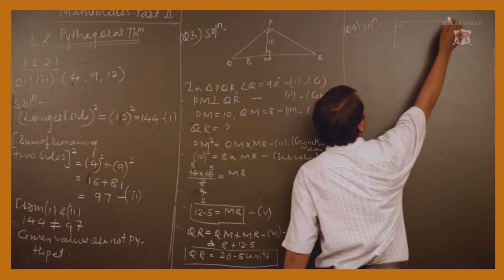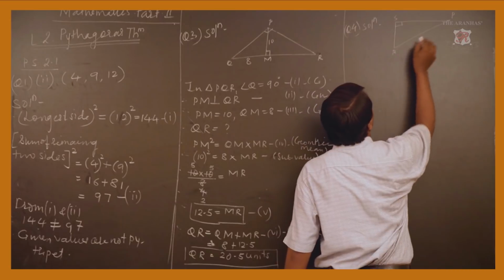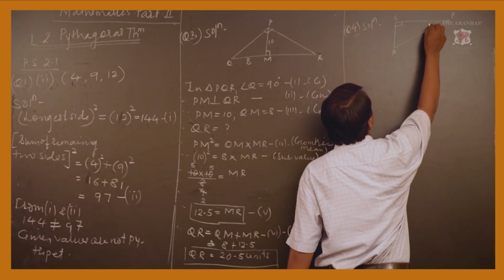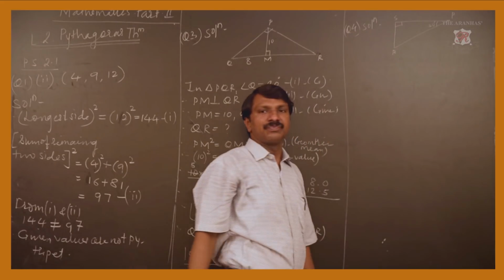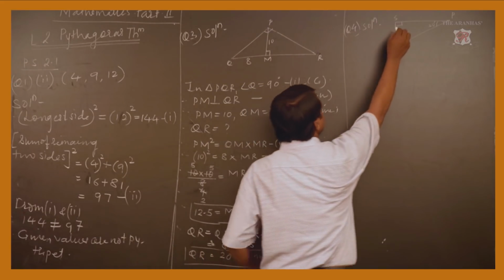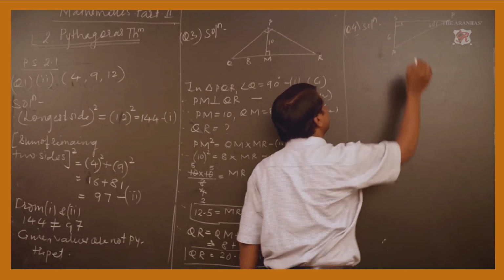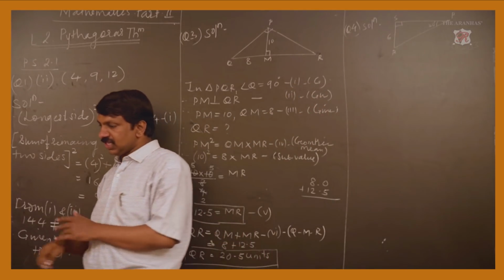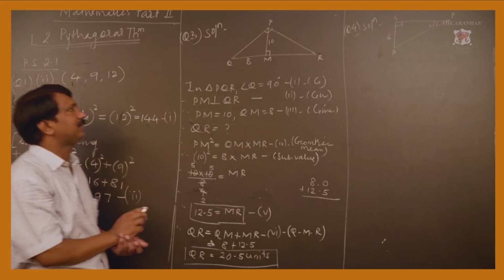The names are given: this is P, here it is S, and R is given. Angle P is 30 degrees, and one more thing is given, segment SR. Segment SR is given as 6 units.